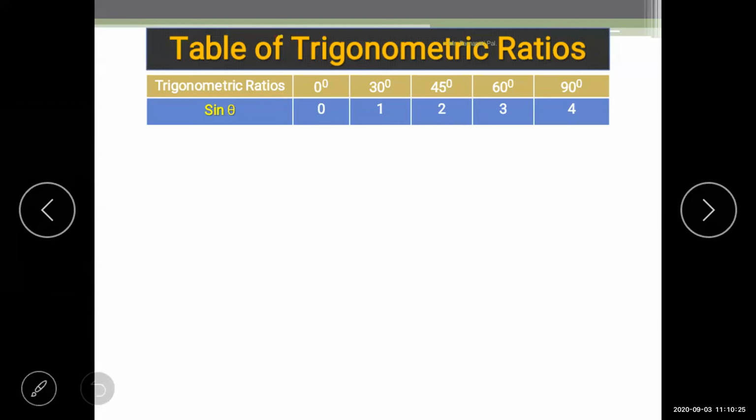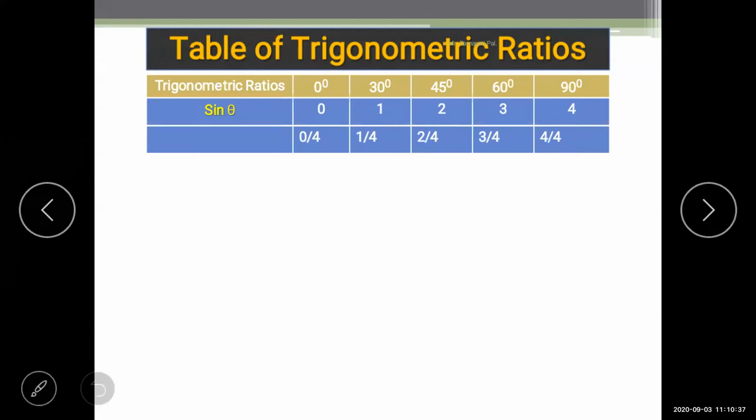Means 0 upon 4, 1 upon 4, 2 upon 4, 3 upon 4 and 4 upon 4. Is it clear? So we will divide it by 4. Okay. Now after this, put square root.